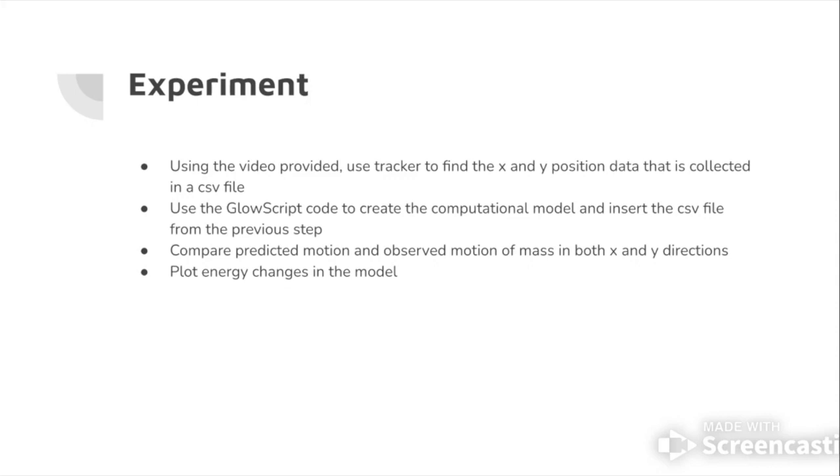I then used the GlowScript code to create the computational model and inserted the CSV file from the previous step. From there, I compared the predicted motion and observed motion of the mass in both x and y directions and observed the energy changes in the model.